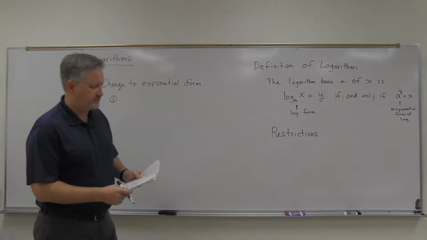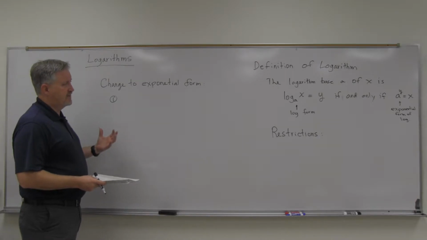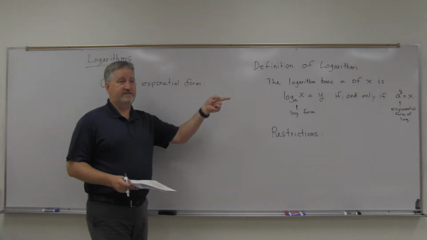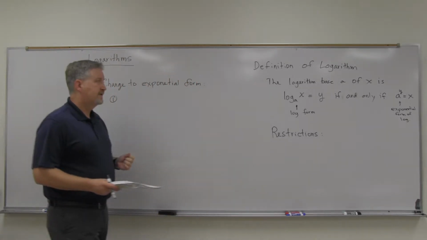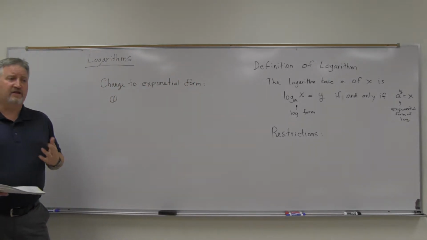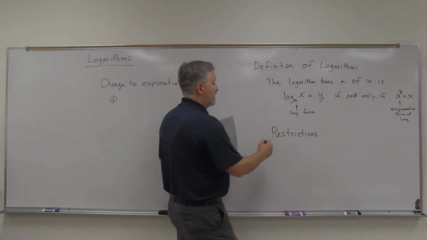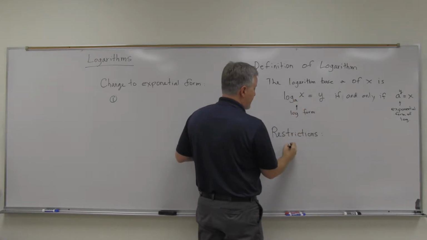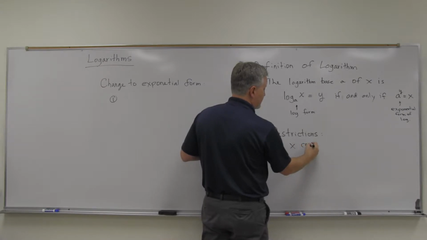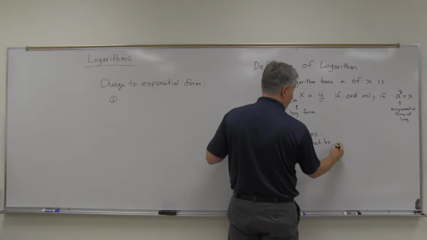Logarithms do have restrictions. The main one, I guess you might say, is the value of x: you cannot take the log of a negative number. We're talking about real numbers here. So the way we state that is x, up here in this definition, cannot be a negative number, or 0 either.